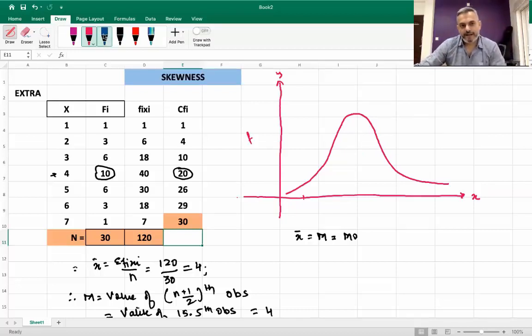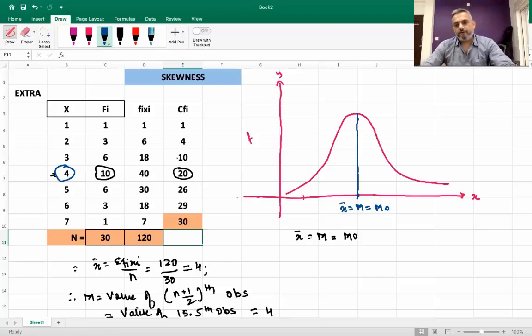So this is a bell-shaped curve where at the peak, at the centermost point, this is the centermost on the x-axis. At this point, your mean is equal to median, which is equal to mode. So you can see, mean equal to median equal to mode.